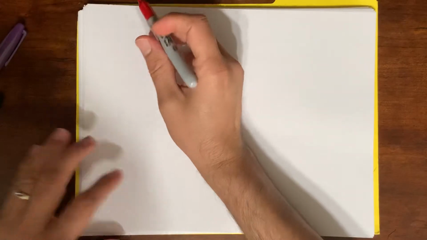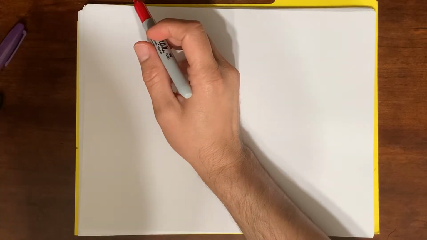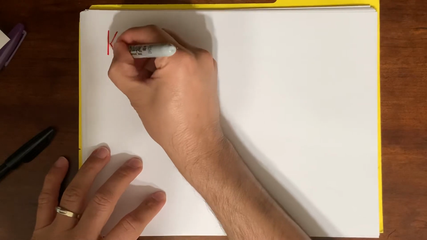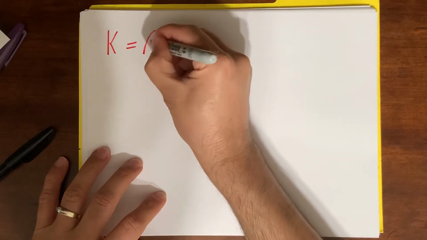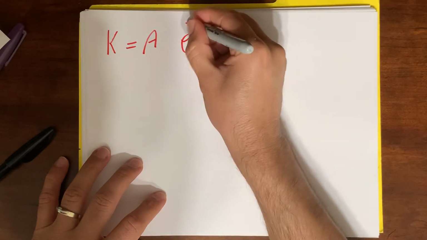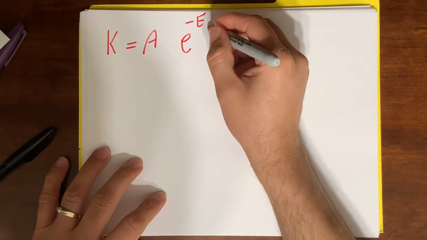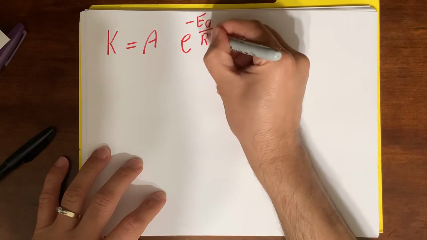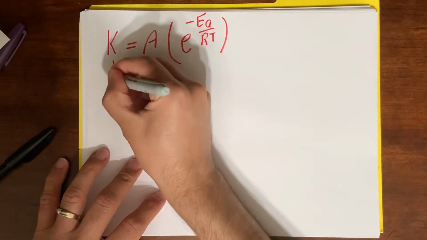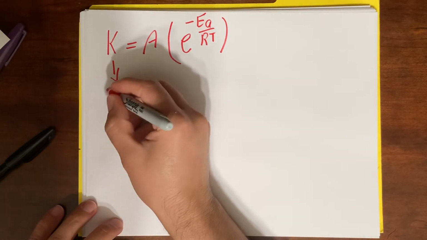Okay, so here is a formula. K, the rate constant, is equal to A multiplied by e to the power of minus EA over RT. K is the rate constant.